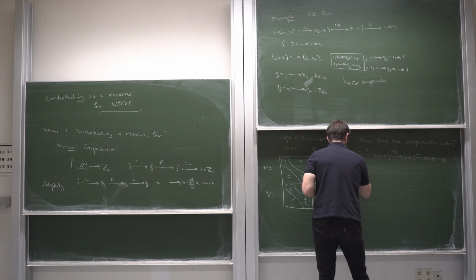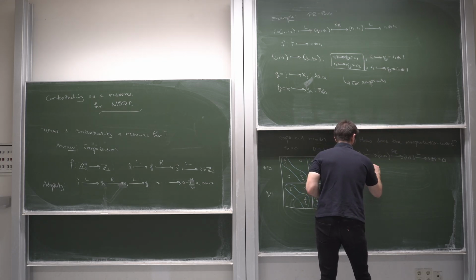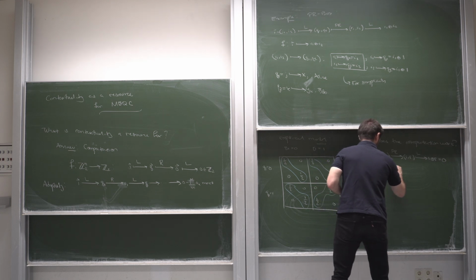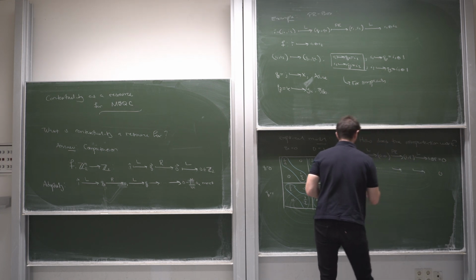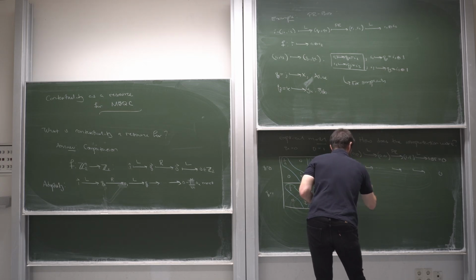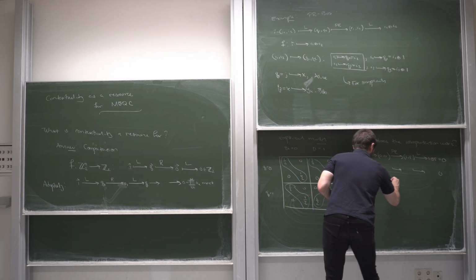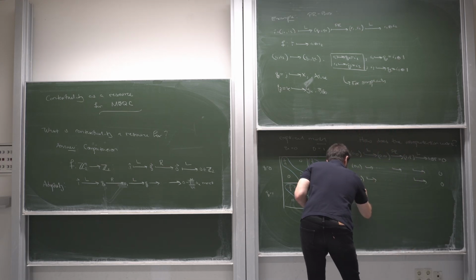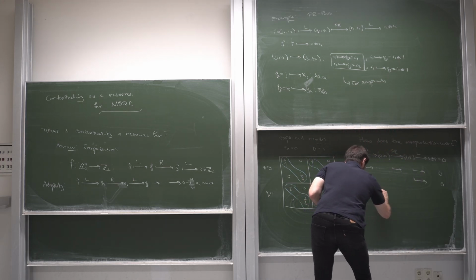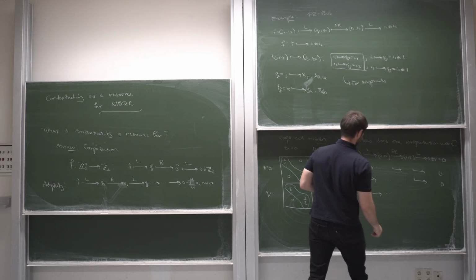So 0, 1, we'll have 0, 1, 0, we'll have 0 again. And then if we do 1, 1, this time things are a little bit different.